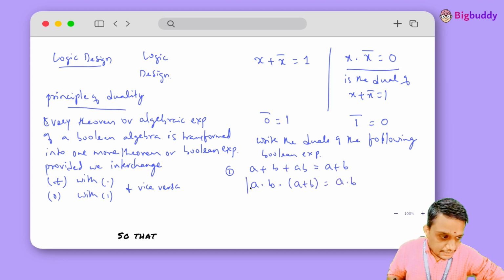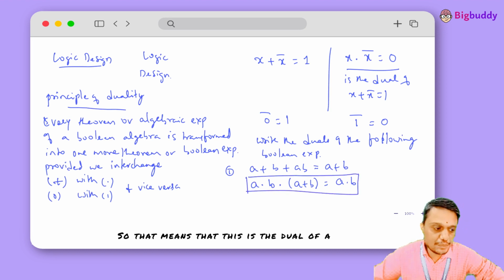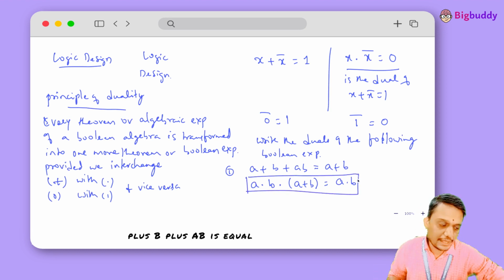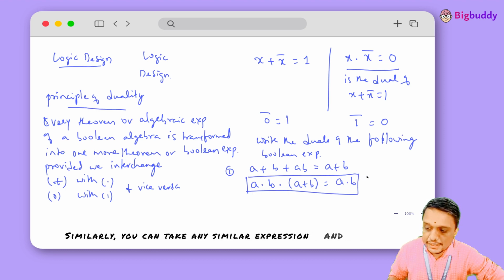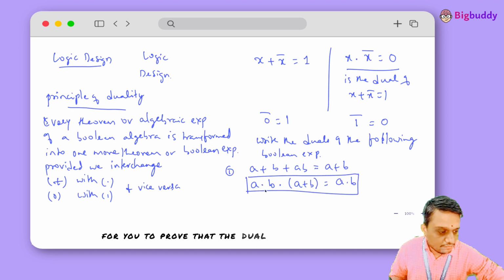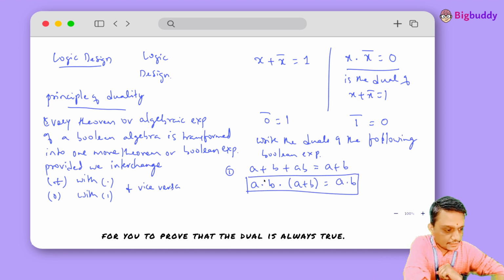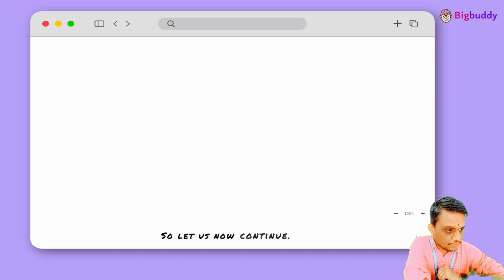So that means that this is the dual of a plus b plus ab is equal to a plus b, which is always true. Similarly, you can take any similar expression and it is easy for you to prove that the dual is always true. Let us now continue.